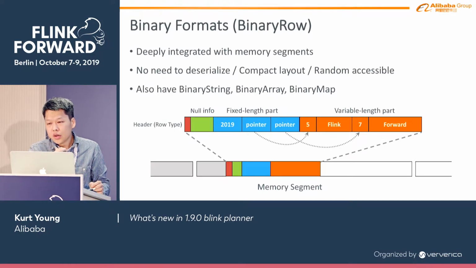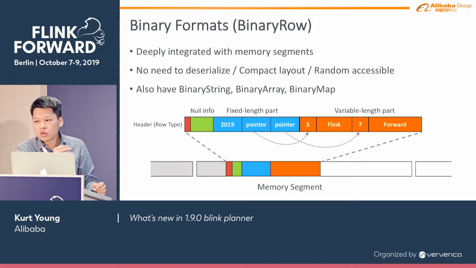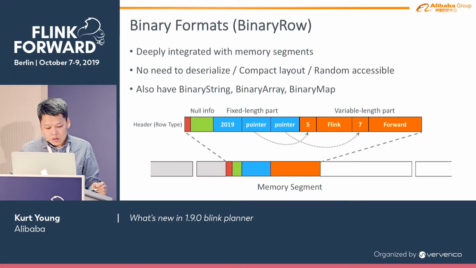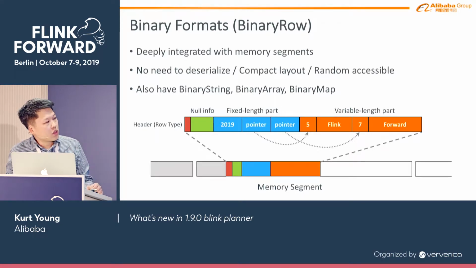So we also introduced binary string, as well as binary array and binary map. We cover all of SQL's popular data structures, so everything works in binary now. This improves efficiency and performance a lot. We use this as the common data structure for the Blink Planner.